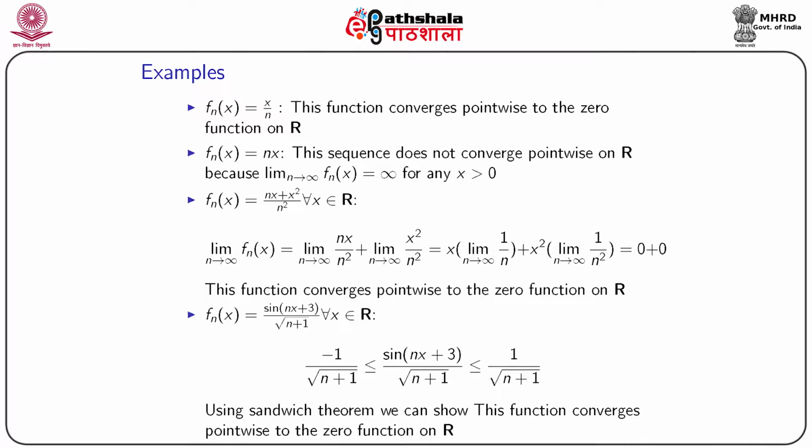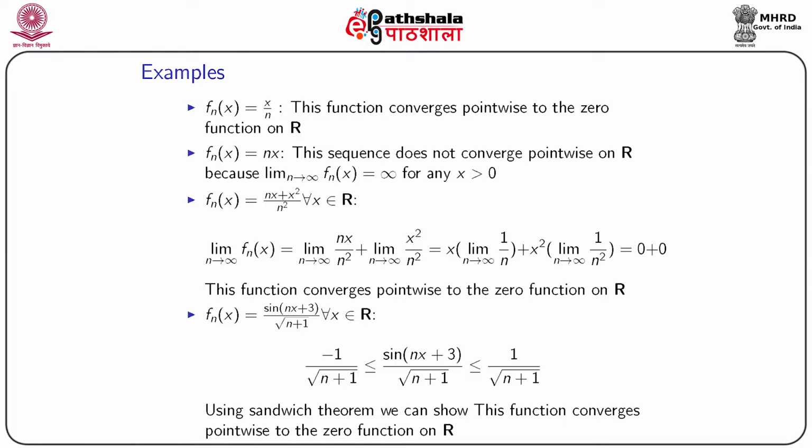Now take the third example, fn(x) equals (nx plus x square) over n square, for all x belonging to the real line. If you take the limit as n tends to infinity of fn(x), I can break this into two parts, nx over n square plus x square over n square.